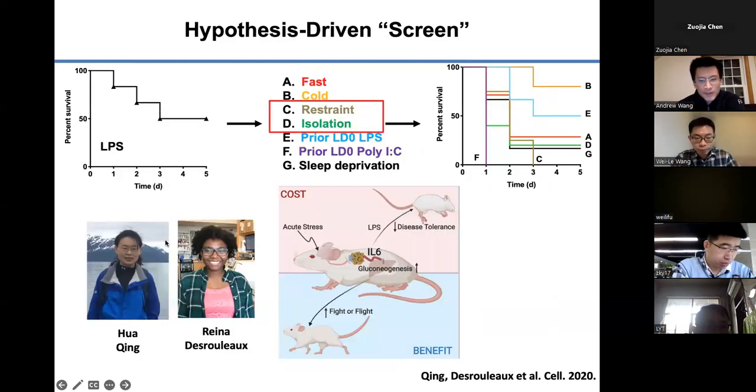And so this work was done by my first postdoc, Dr. Ching, who's now a lead scientist at Genentech, and a very, very talented postbac who's now a PhD student at Yale, Reina. Basically, they tried a lot of things. They normalized for the last meal, for the thermal stress, for the psychological stress, et cetera.